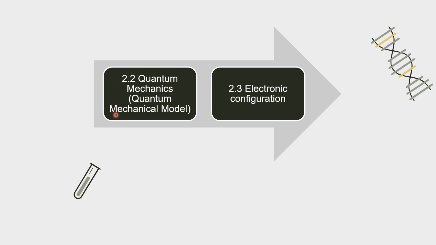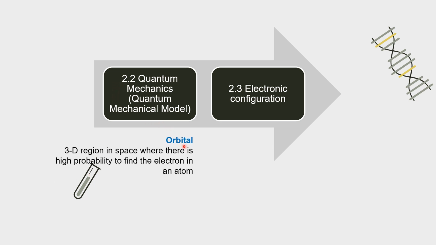In 2.2 quantum mechanics, you have learned the quantum mechanical model to define what is orbital. So orbital is a three-dimensional region in space where there is high probability to find the electron in an atom. So perhaps by now you have already understood how we could find the electron in an atom according to this quantum mechanics. In 2.3, you are going to learn electronic configuration. So in this subtopic, you are going to learn how to fill the electron into the orbital.